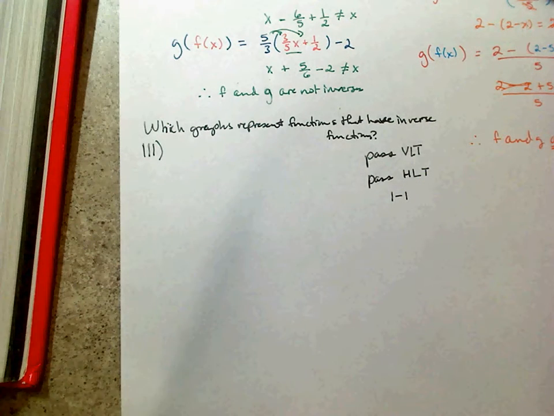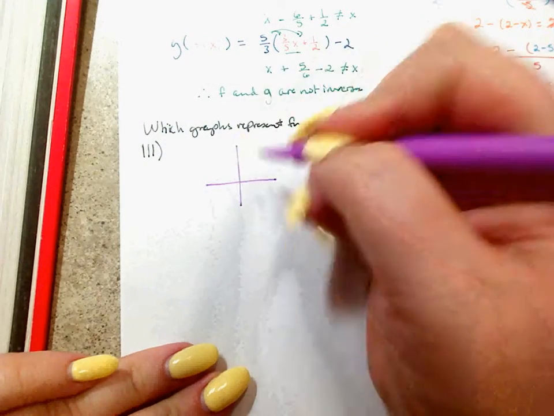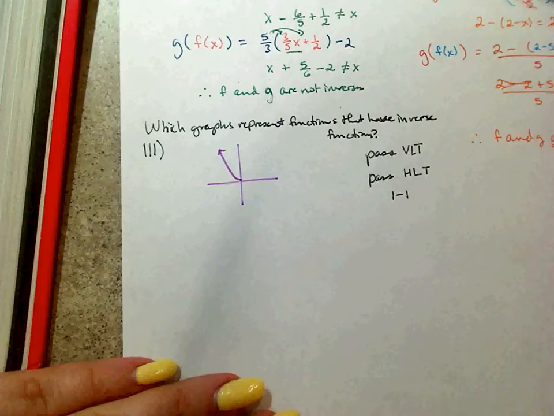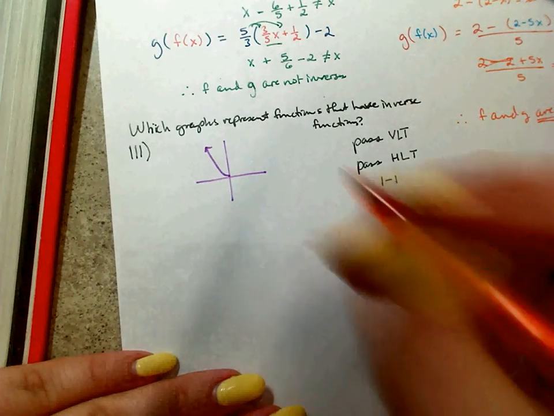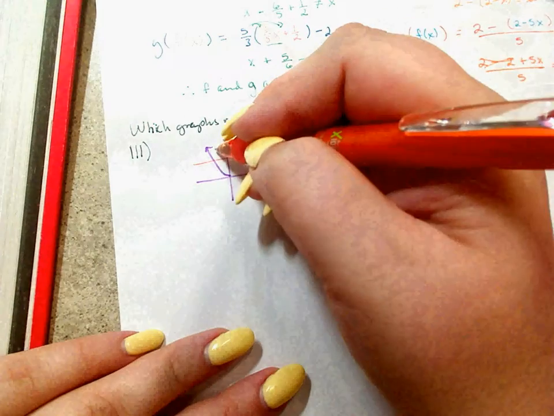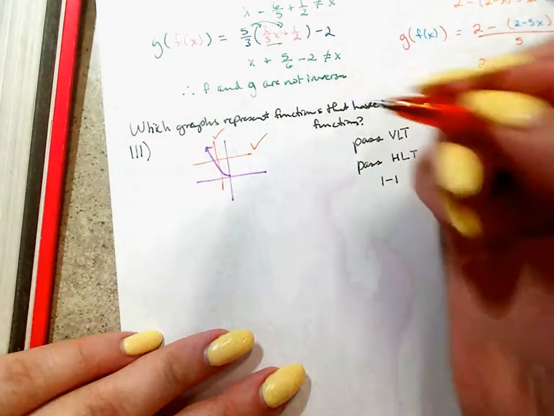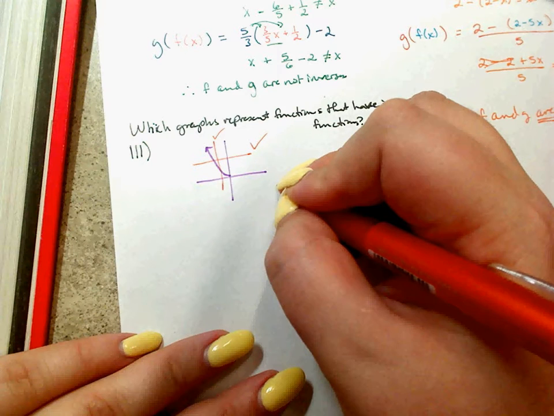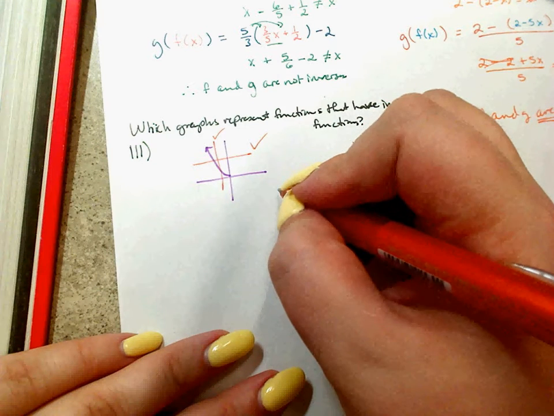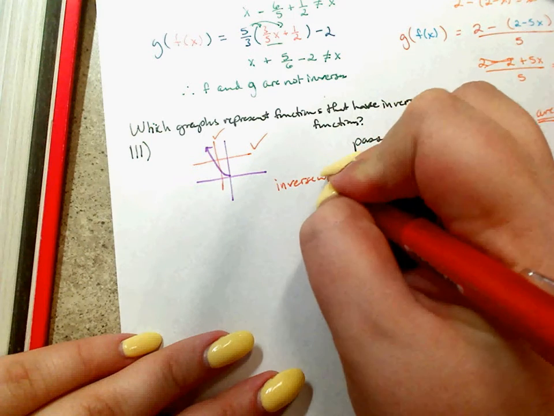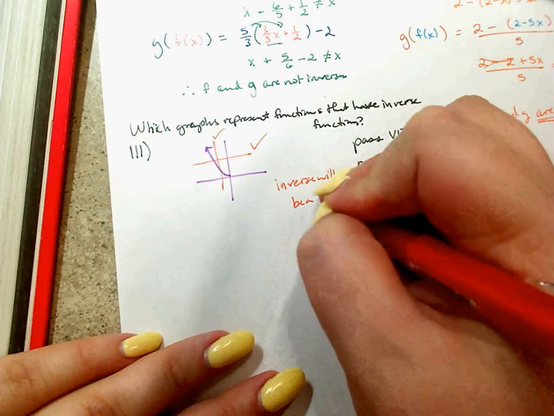So number 111 looks like the left side of a parabola that passes the vertical line test and the horizontal line test, so I'll just say yes. I'm going to put inverse will be a function.